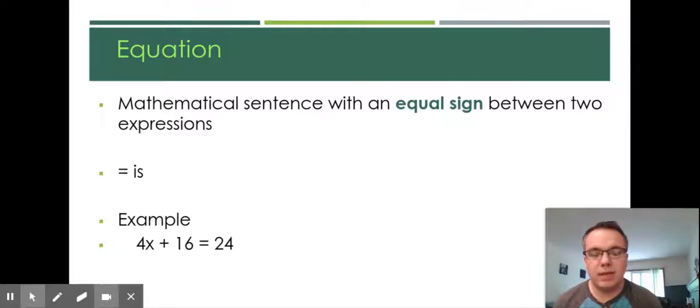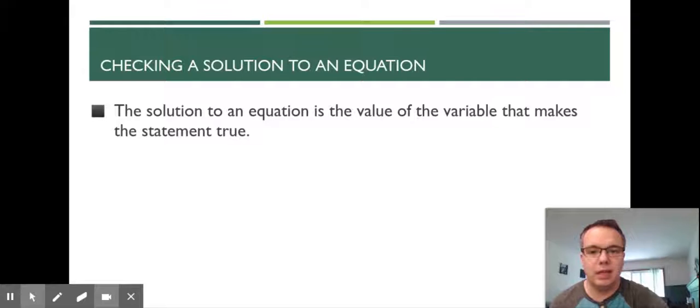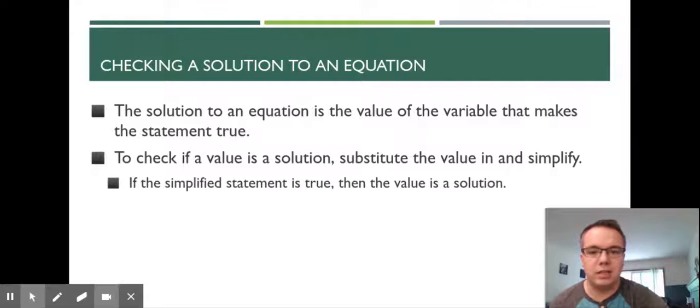So like I said, last time we were evaluating expressions by plugging a number into an expression and simplifying. Today we're going to be doing the same with equations, and instead of evaluating, it is called checking a solution.